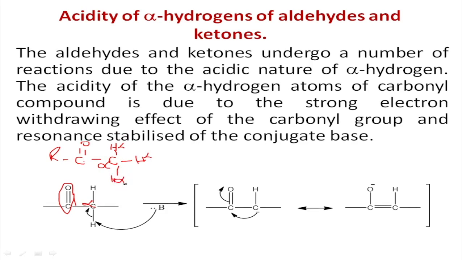So the alpha hydrogen is acidic in character. Why acidic? Because the oxygen of the C=O is highly electronegative, so on the whole the C=O is electronegative and pulls electrons towards itself.